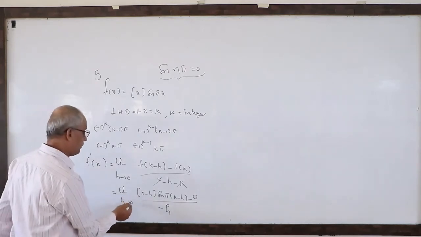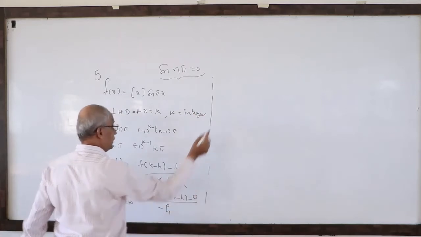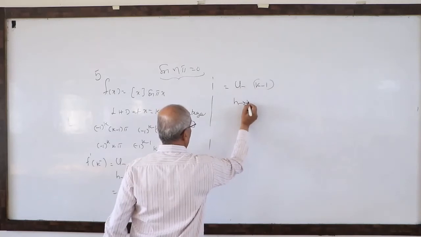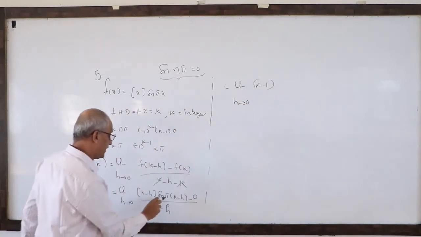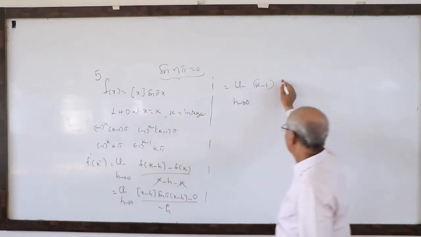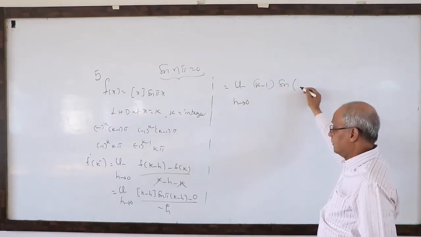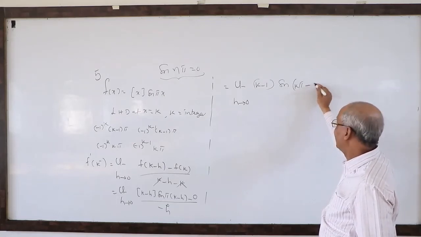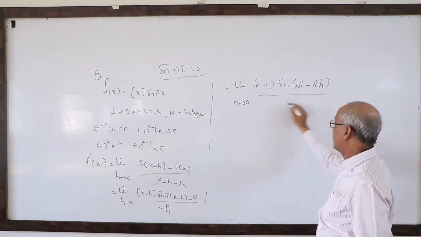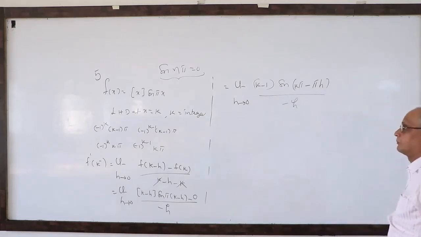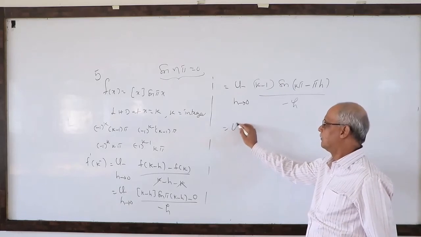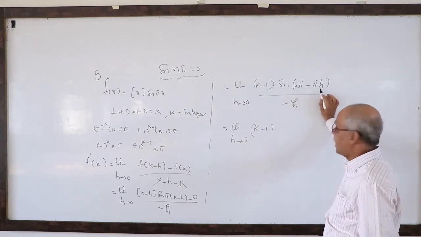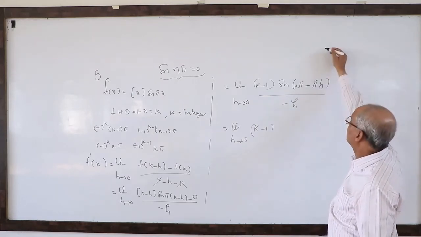Step of k minus h, where h is a small number, is k minus 1. Okay. Take this pi inside, sin pi k or k pi, sin of k pi minus pi h by minus h. Now sin of n pi minus alpha, what is that?